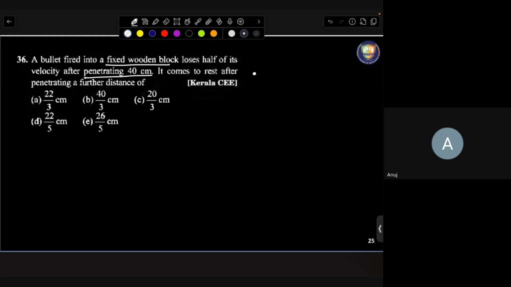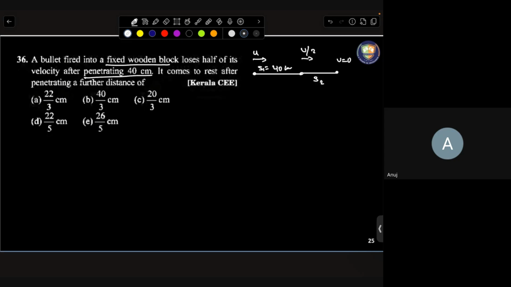So let's say initially this is the first phase of the wooden block and they have reached, let's say, 40 centimeter. Here the velocity was u, here it is becoming u by 2. It comes to rest after penetrating a further distance. So it is going a further distance, let's call it some s. This is, let's say, s1, this is s2.